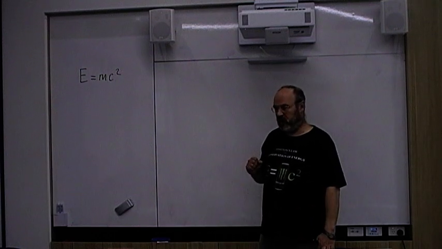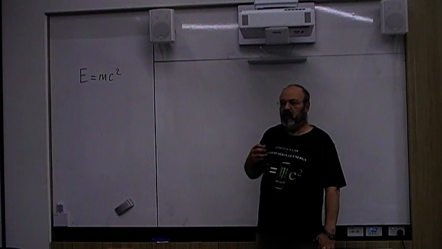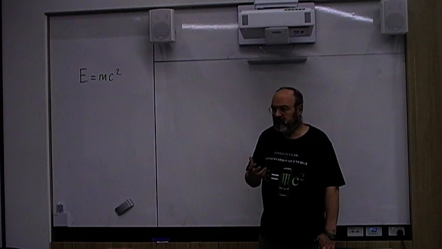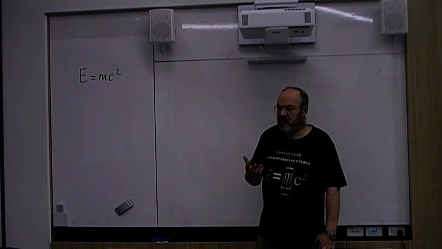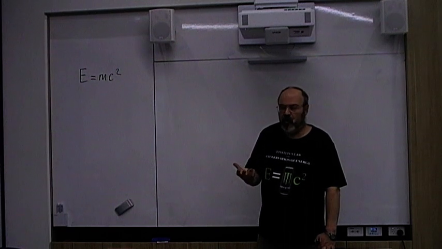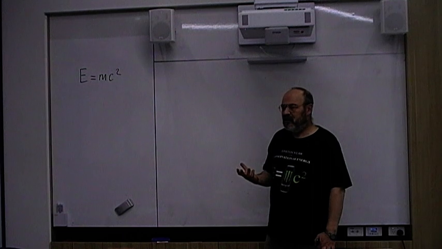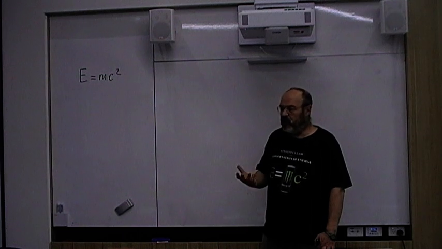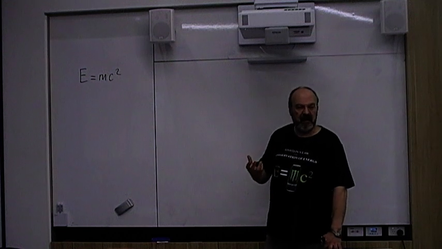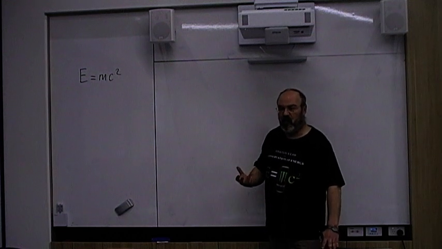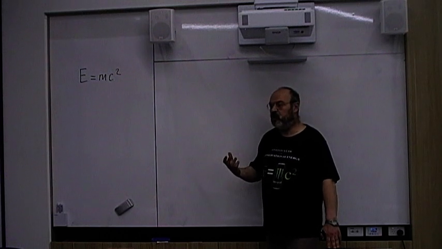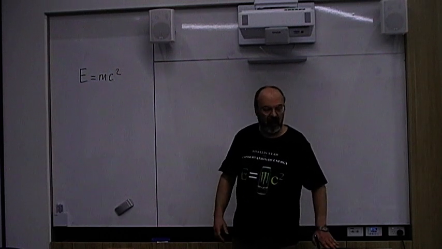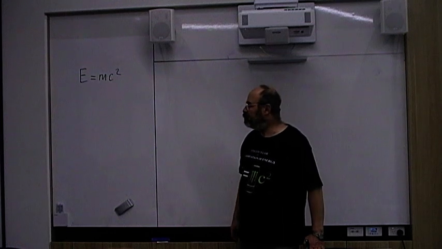inertia an object has. What is inertia? Come on, Newton's first law. Inertia is the ability of an object to keep its velocity unchanged. So if mass is a measure of the amount of inertia, the bigger the mass, the harder it is to change the velocity of the object. That's what mass is.